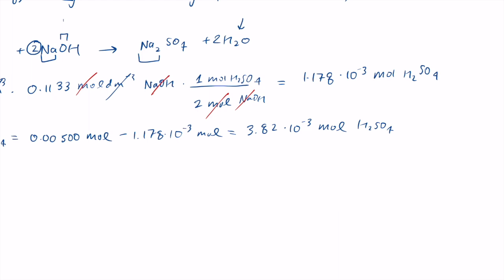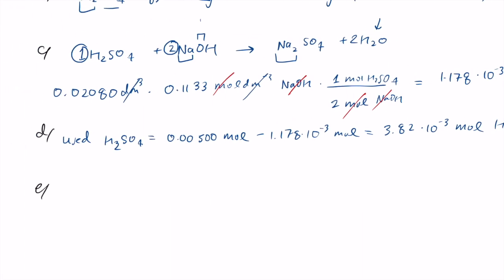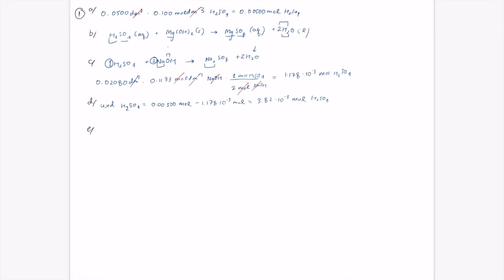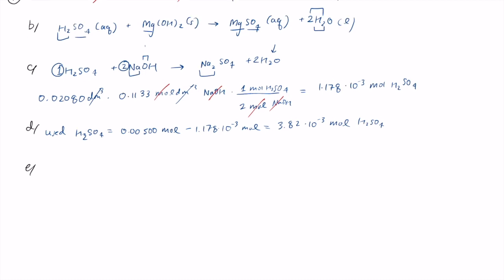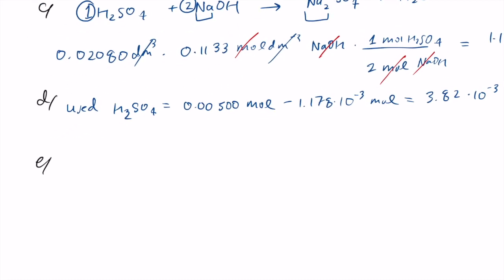So for E, we're asked, determine the mass of MgOH in the antacid tablet. Well, we know how much H2SO4 we used, and we calculated in B the relationship between H2SO4 and MgOH, so we can use a handy mole bridge to help us out here. So we have the amount we've used, 3.82 times 10 to the negative 3 mole H2SO4.